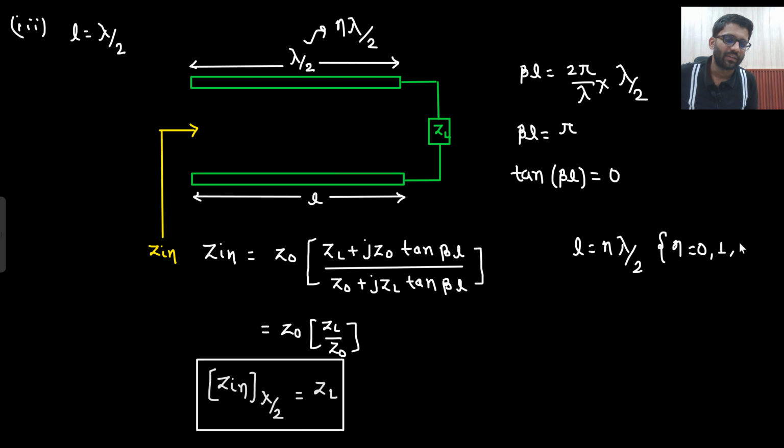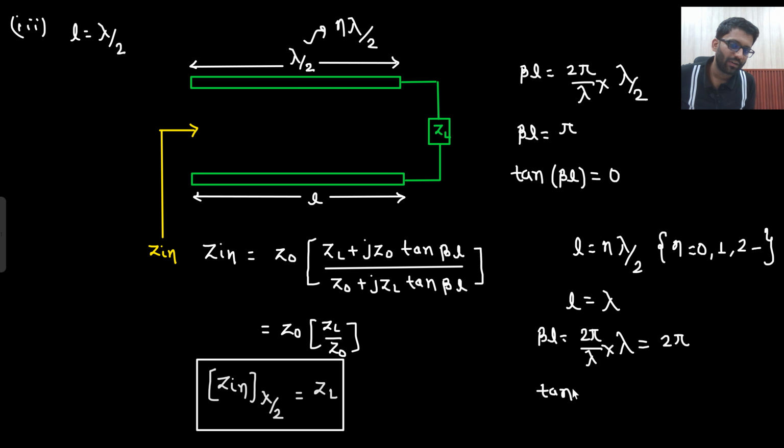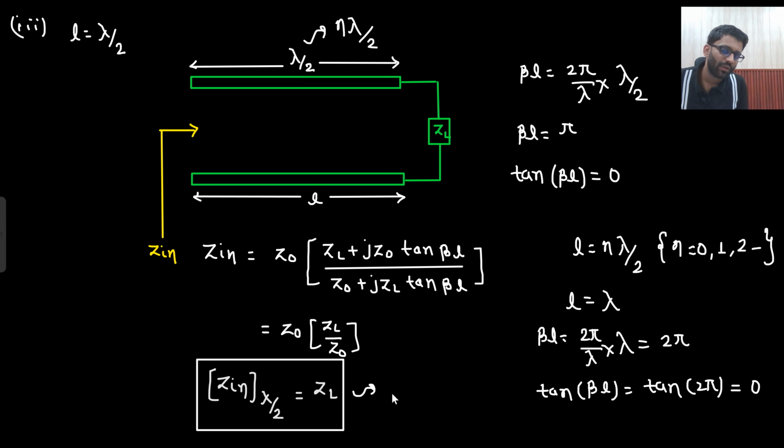Let's say n was 2, then length would have been lambda. Then what will be the value of beta L? Beta L would have been 2 pi by lambda into lambda, that would be 2 pi. So what will be the value of tan beta L? That would be tan 2 pi, and tan 2 pi is equal to tan 0, that would be equal to 0 only. So again, same formula you will be getting. So this is true for every n lambda by 2.